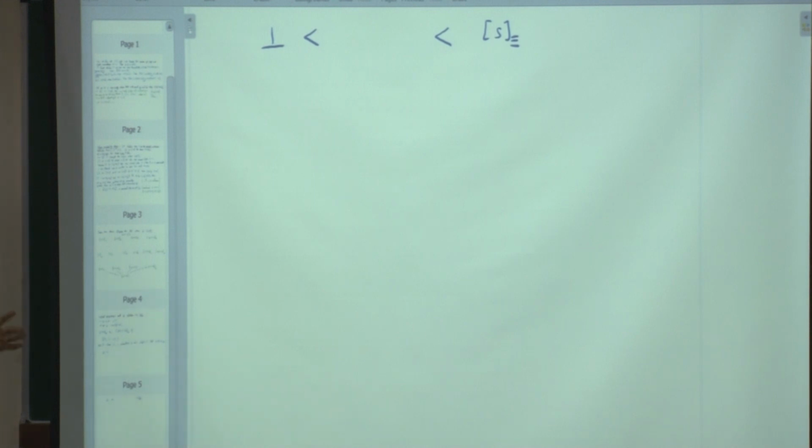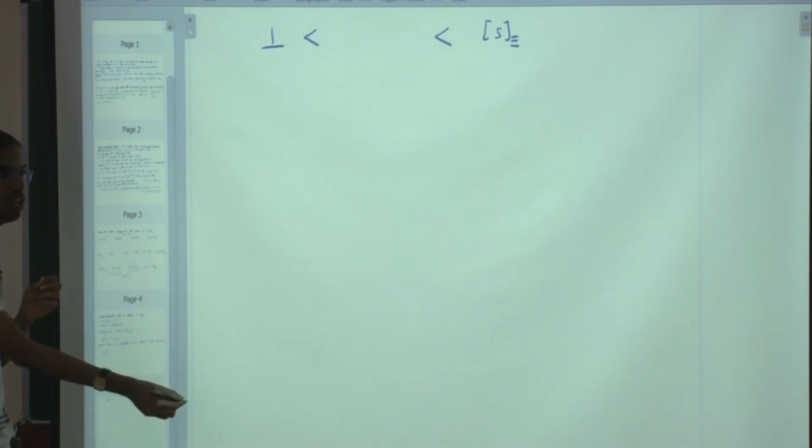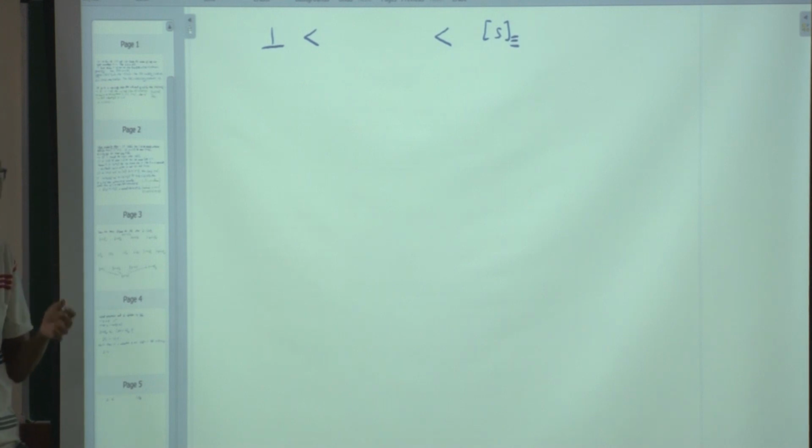If our language is countably infinite, then S being a finite string of symbols, it can only use finitely many propositional variables. So there is a new variable which does not appear in the formula S. I choose that, I will call that variable P, and then I can put here either S conjunction P, or S conjunction negation P. Now I know that there is a valuation V which makes S true.